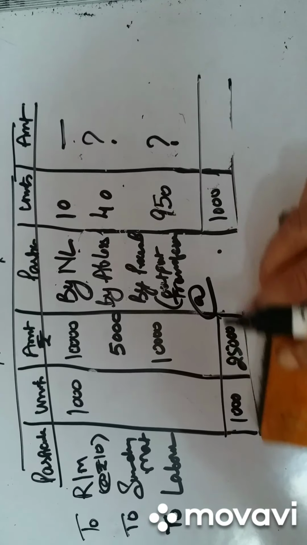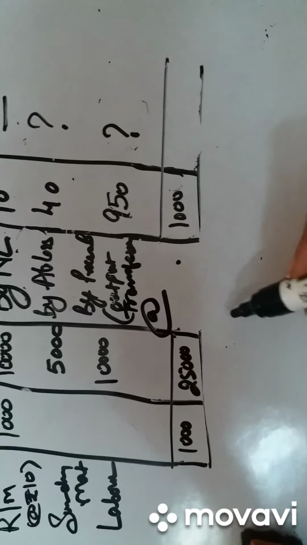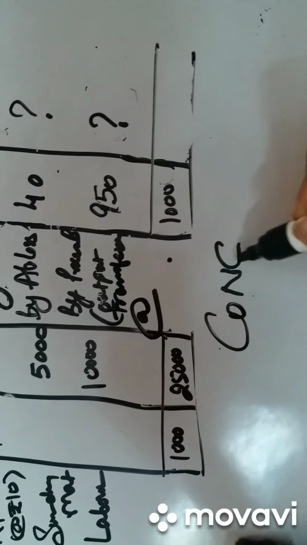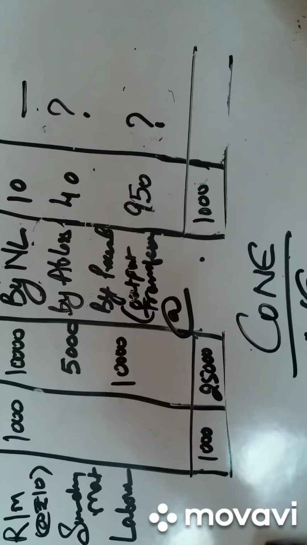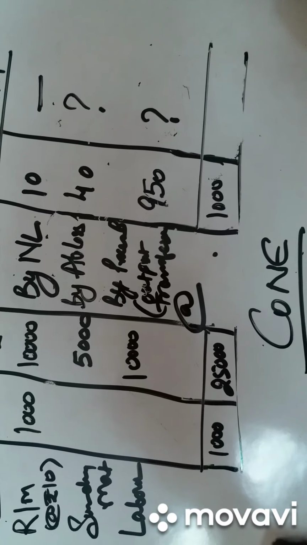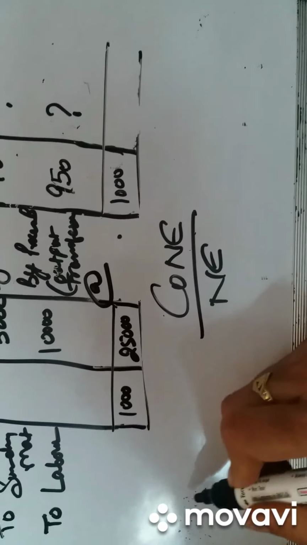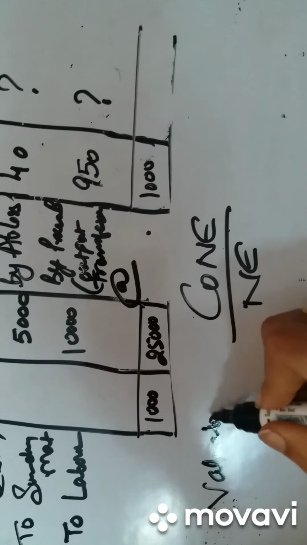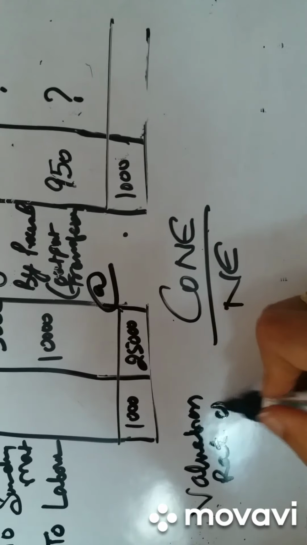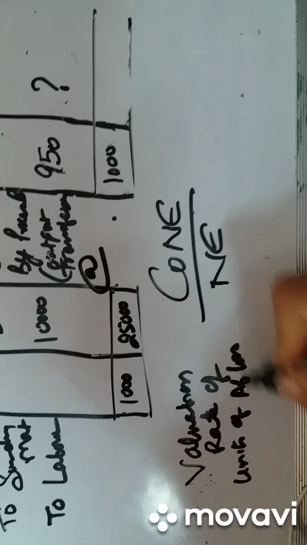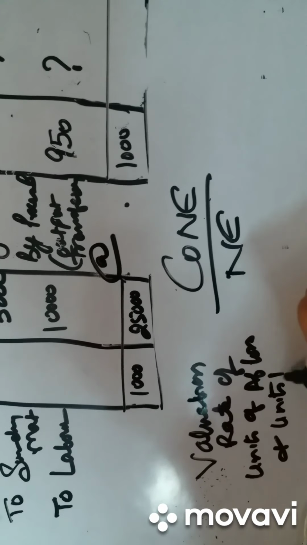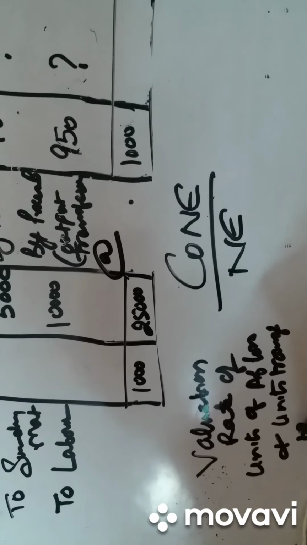So you can write down the formula which I am writing over here. In order to value these abnormal losses or the units which are transferred to the next process, we need to calculate the valuation rate. So the valuation rate of units of abnormal loss and units transferred to next process.